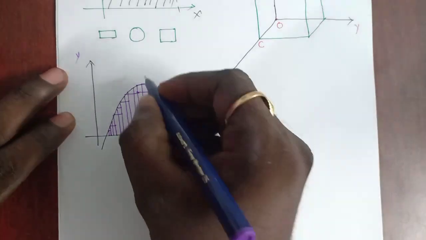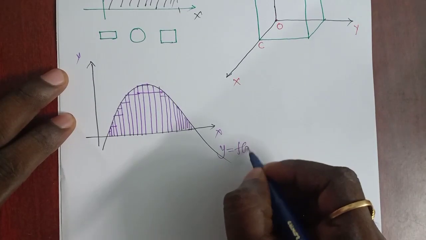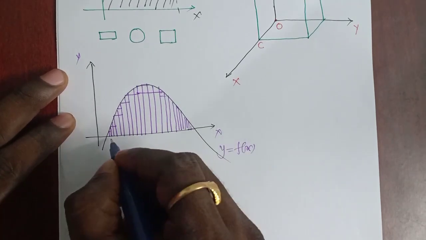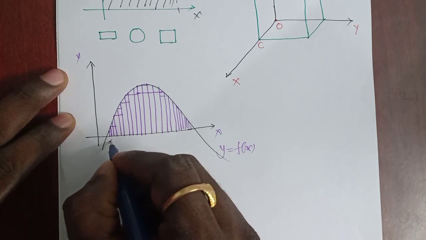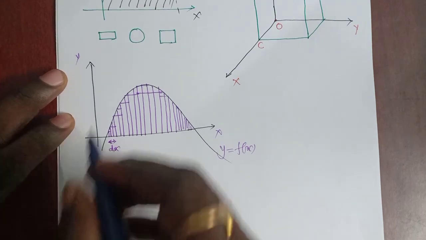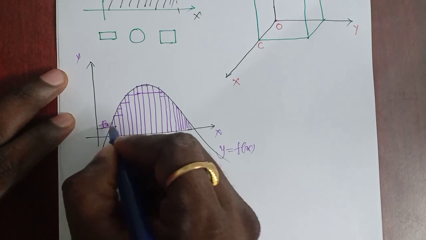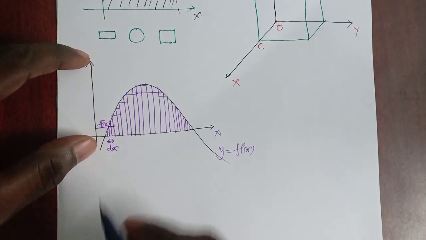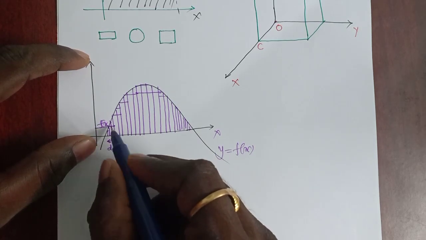Suppose the given curve is y equal to f of x. The width of the rectangular box is, suppose, delta x, and the height is f of x, in the y direction. So the width is delta x and the height is f of x.